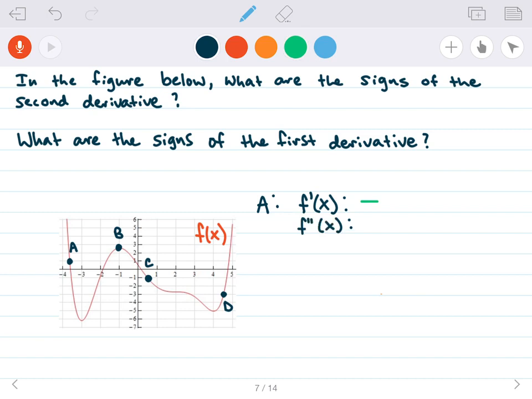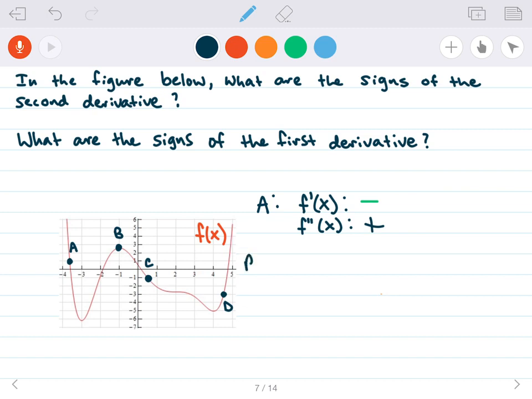Well, again, at point A, for the second derivative, we're concerned whether it's concave up or concave down. And it looks like this is part of a regular upright U shape. So that's concave up. And since that's the case, this thing is going to be positive at A.